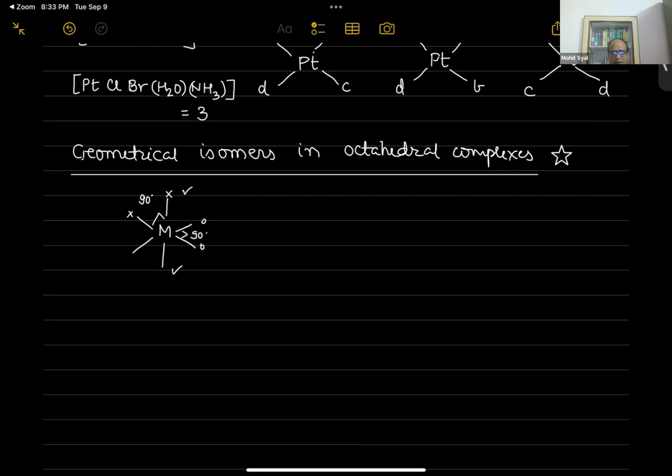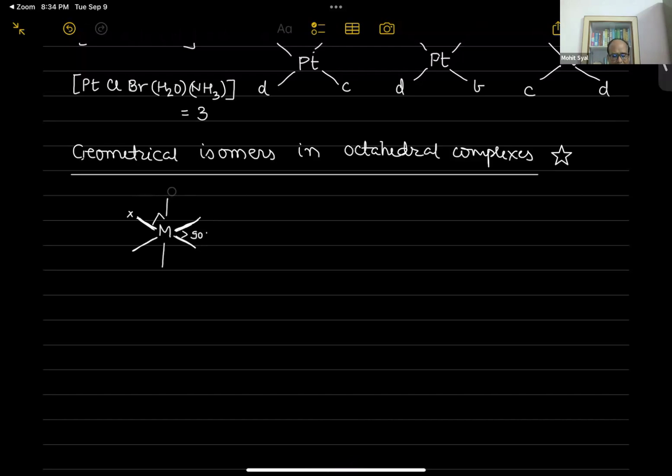It is 180. 180 degrees means exactly opposite. Or this one and this one, that also is exactly opposite. That is 180. This position and this position, they are also 180.